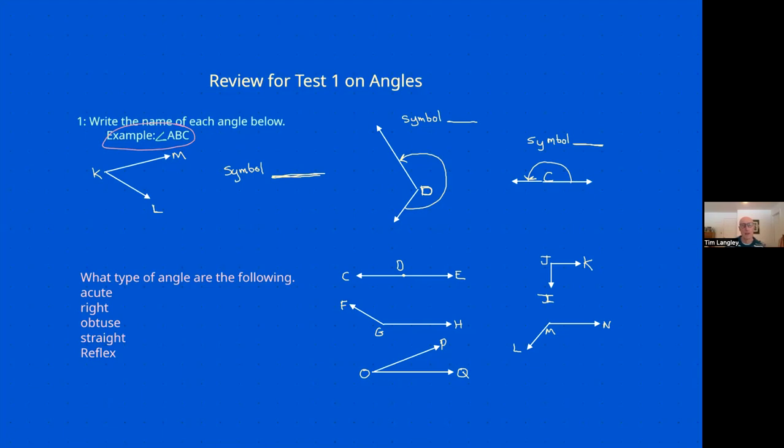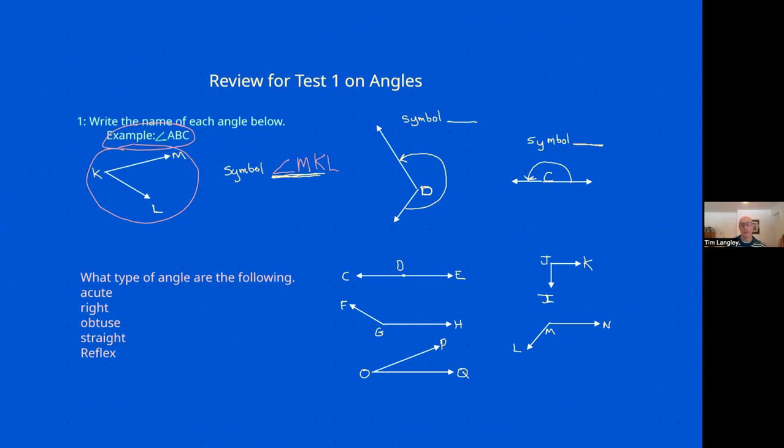We'd say MKL or LKM, but always keep the vertex in the middle, okay? So can you figure out what you would write there in that space? Okay, for the first one, what would the symbol be? Okay, well, it's going to look like this, symbol, and we can say MK, keeping the vertex in the middle, and L, okay? All right, so that's how we would do that first one.